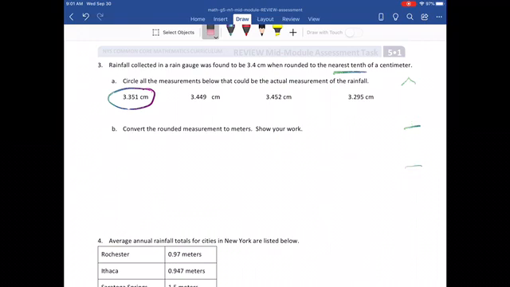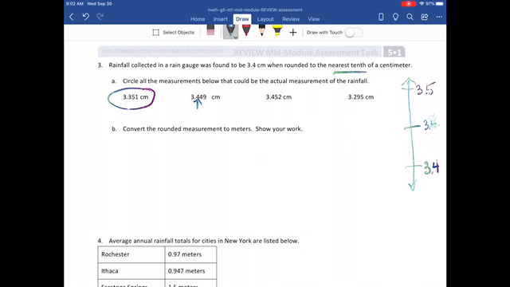Now I'm going to erase my numbers on here. The second one is 3.449. So my tenth is 3.4. And then the 1/10 more is 3.5.